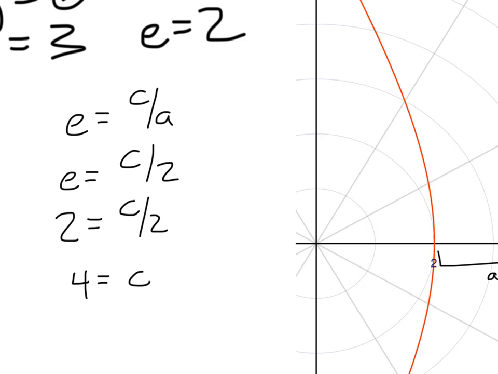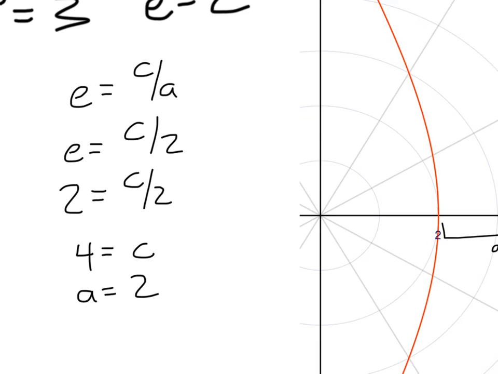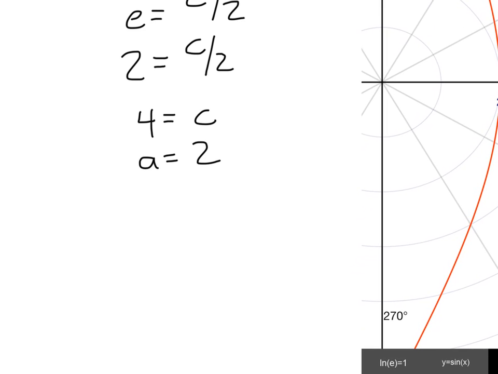So we found c, and we know a equals 2. So the only thing we have left to find is b.